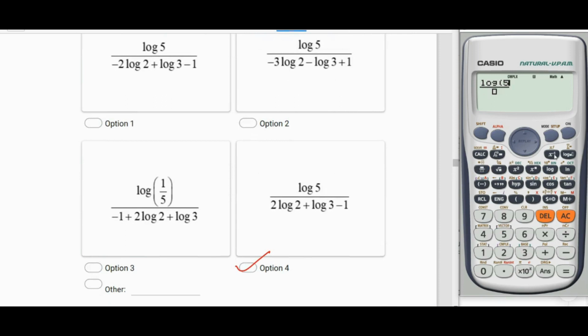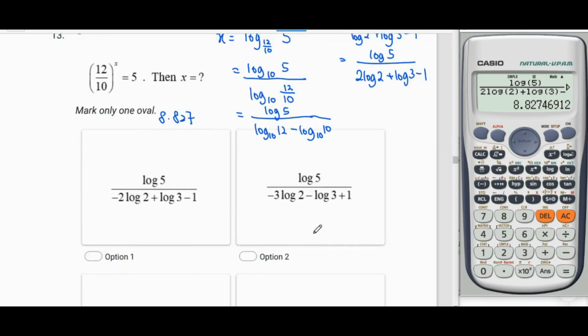Log 5, 2 log 2, plus log 3 minus 1. Yes, this is our answer. Okay, so without doing this by hand, our calculator can do any calculation using value.